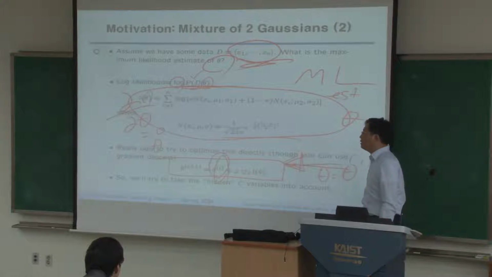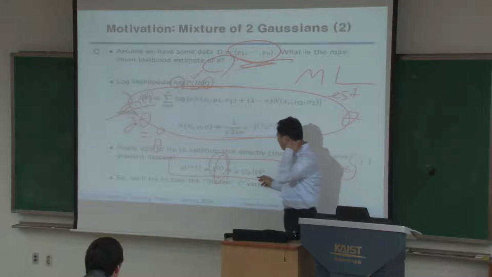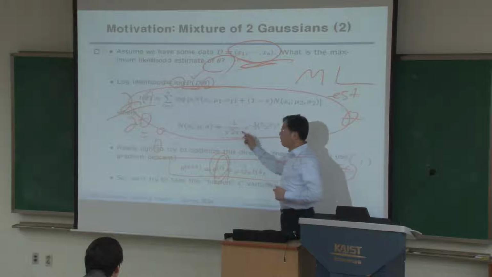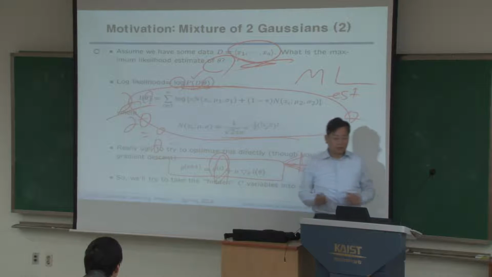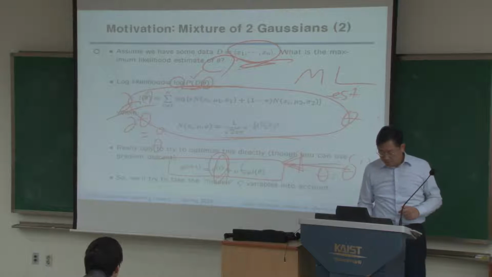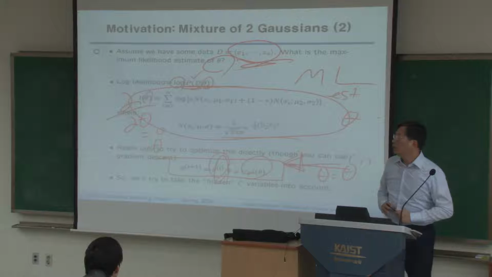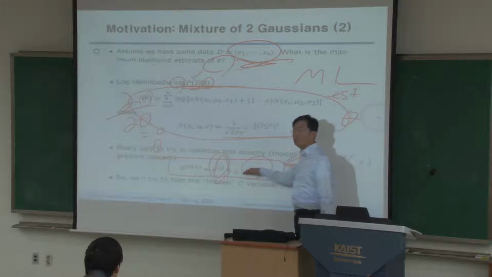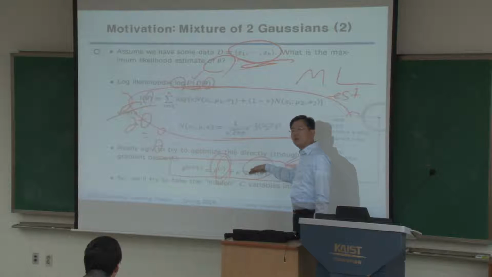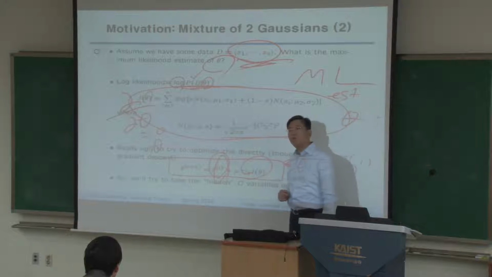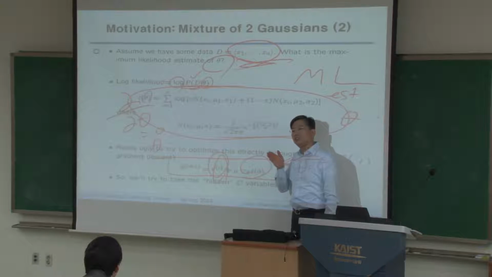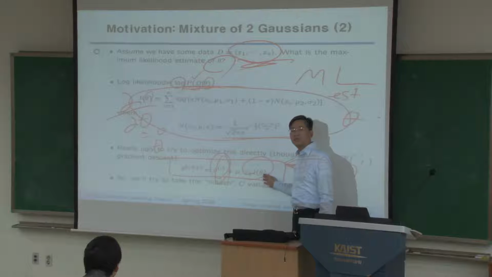So you guess it. You take the derivative of this log likelihood, the derivative with respect to theta. Now, what does this derivative say? It's a gradient. Which way is this gradient pointing? It's a vector.